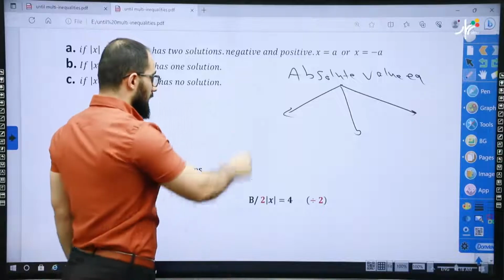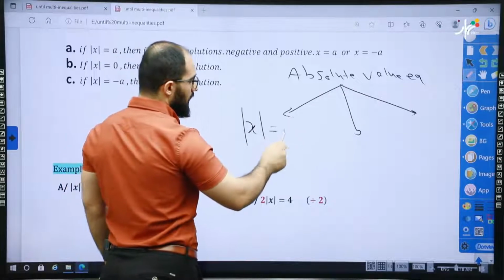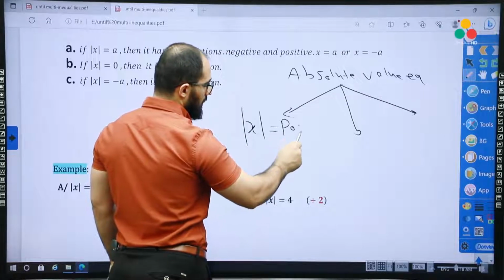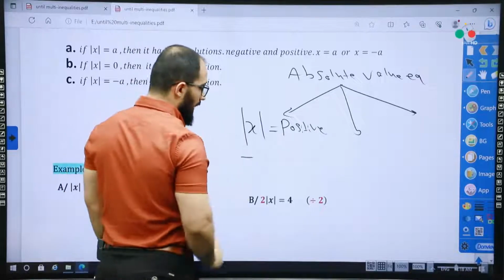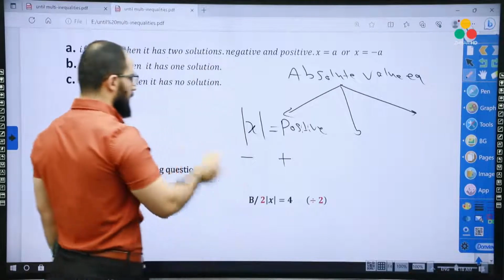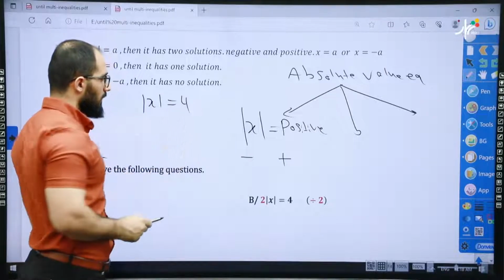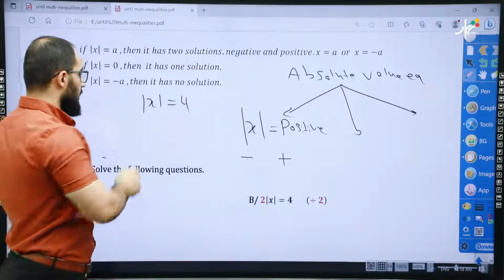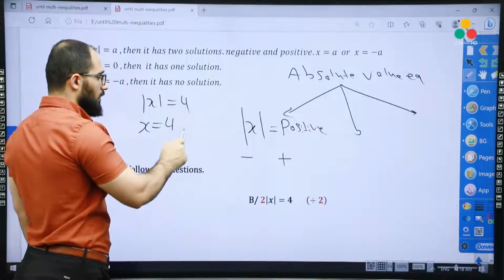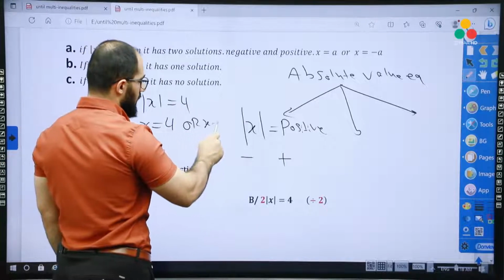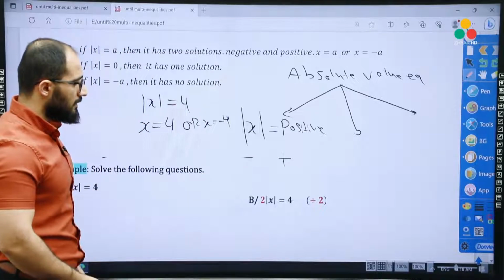The first one: if the absolute value of x is equal to a positive number, it has 2 results, negative and positive. For example, the absolute value of x is equal to 4. Because 4 is a positive number, the result is x is equal to 4 or x is equal to -4. This is the first case.